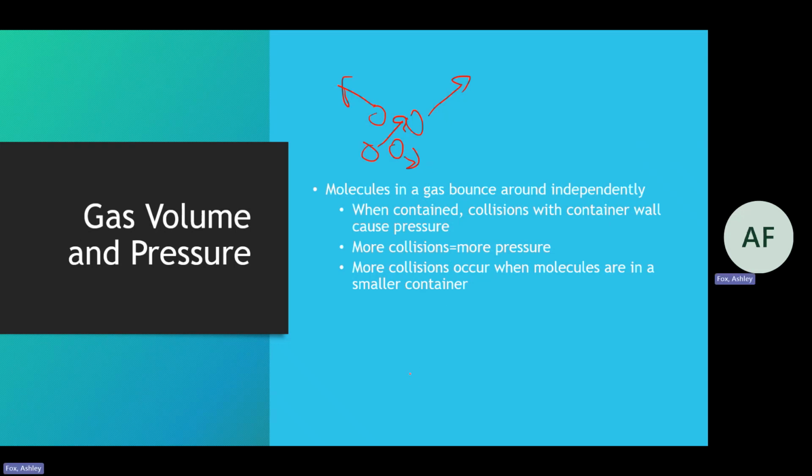So when you have air in a container, then the air bouncing off the container wall is what's causing the pressure. So it's pushing against the container wall, causing pressure because it's all these molecules bouncing off of it. If you have more molecules moving and hitting against the container, then it's more pressure because there's more collisions, more molecules are pushing.